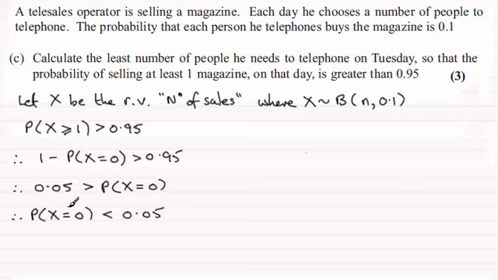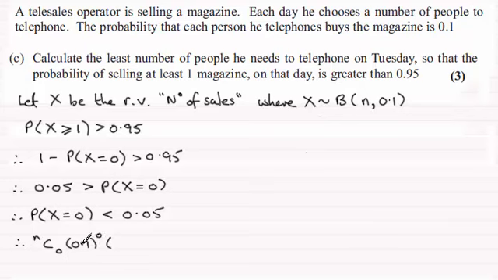Now with this, if we had to work out the probability of x equaling 0, then from the binomial distribution, remember this would be nC0 multiplied by the probability of success, that's making a sale, which is 0.1, to the power 0, and then it would be q to the power n.